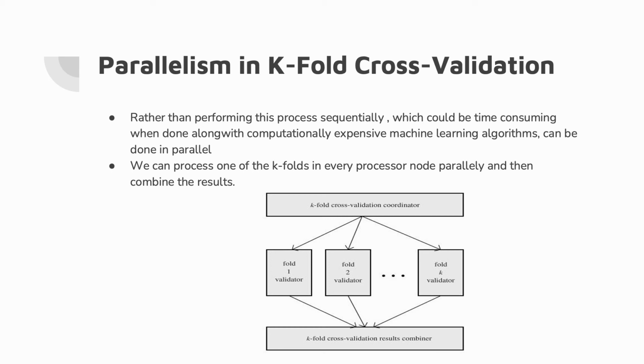So rather than performing this process sequentially, which could be time consuming when done along with computationally expensive machine learning algorithms, we can perform these operations in parallel. We can process one of the k folds in every processor node in parallel, and then we can combine these results.